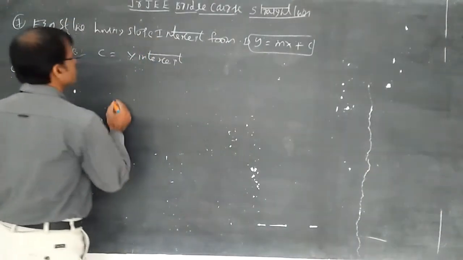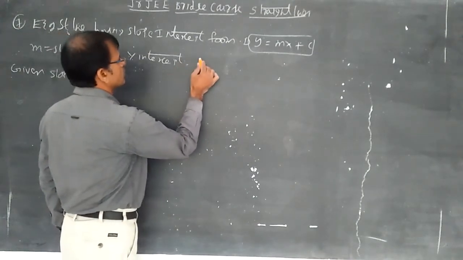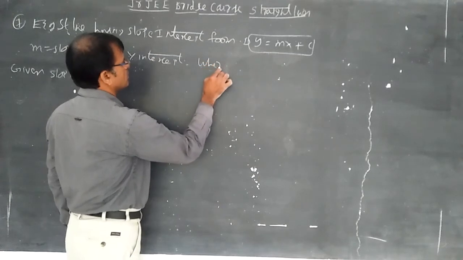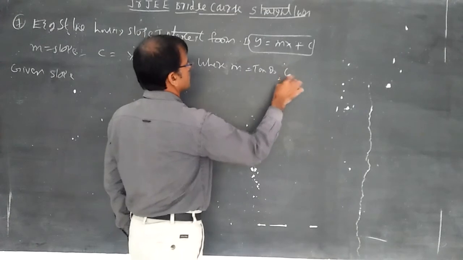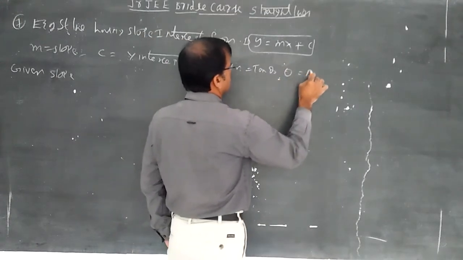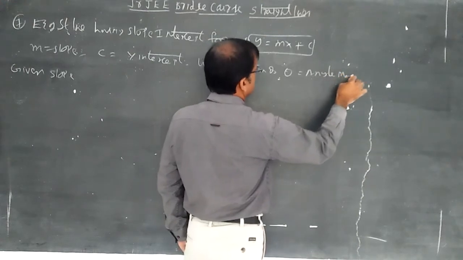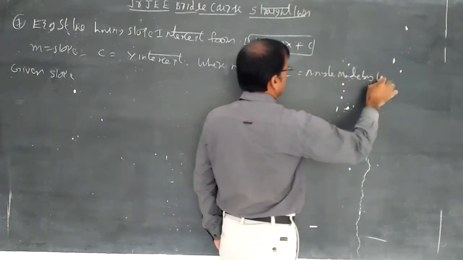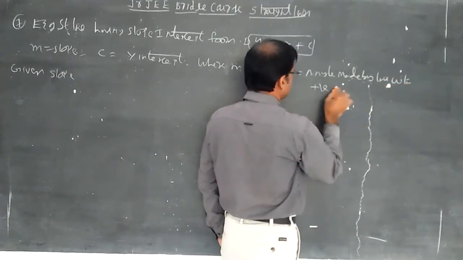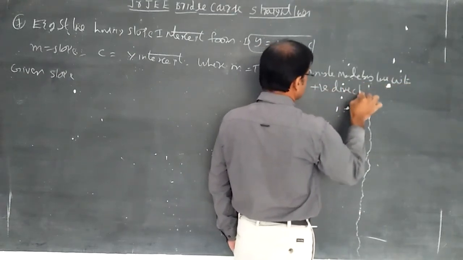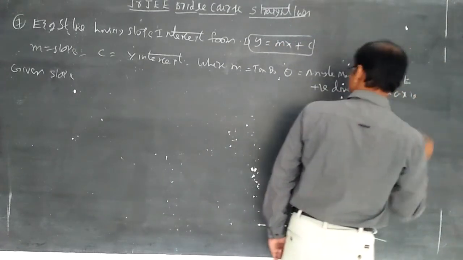That means slope is given, where m is equal to tan theta, and theta is equal to the angle made by the line with the positive direction of the x axis.